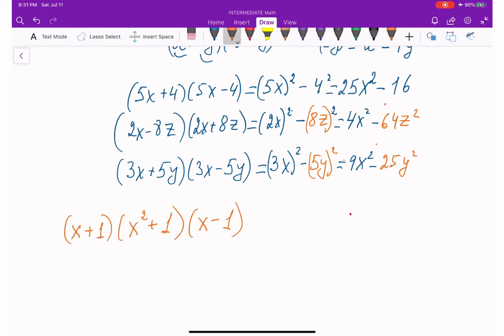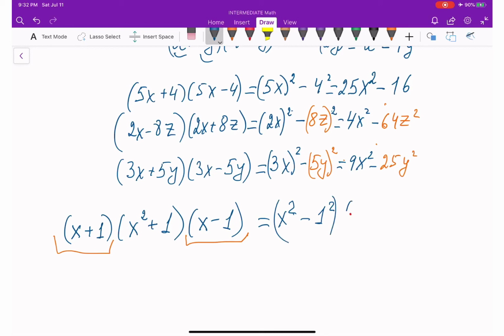What I can notice here is that we have x plus 1 and we have x minus 1. Yes, these two I can combine based on the formula. x plus 1 times x minus 1 is going to be x squared minus 1 squared, right?